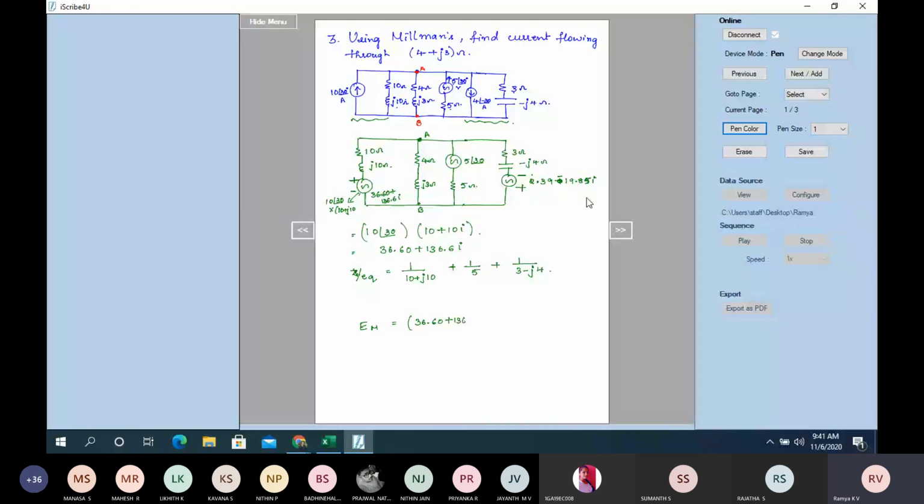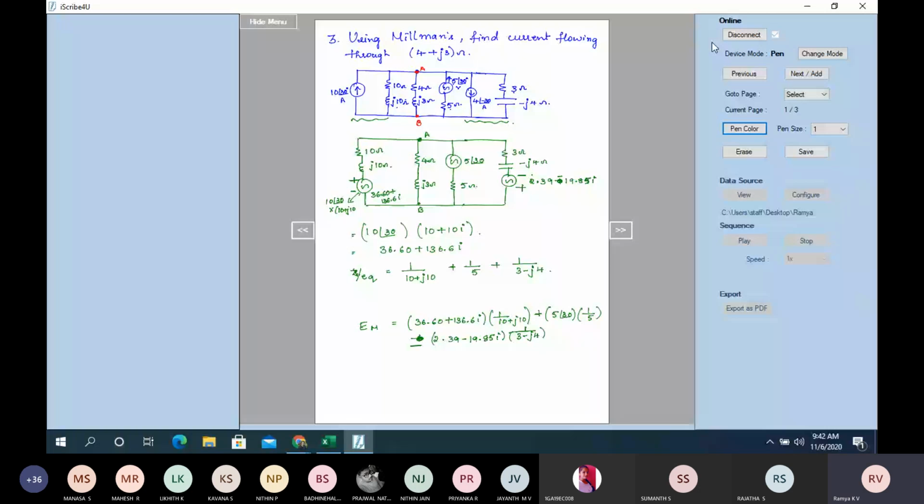Y1 is 1 by 10 plus j10, plus Y2, which is 5 at an angle 30 into 1 by 5, plus another value, it is minus now: 2.39 minus 19.85i into 1 by 3 minus j4, all divided by Y equivalent, whatever you get.